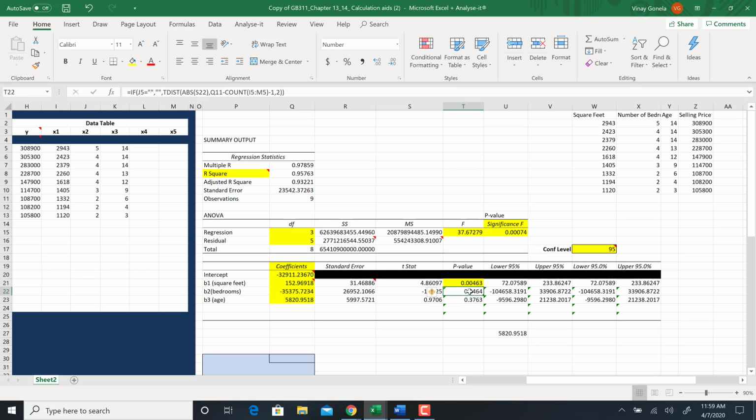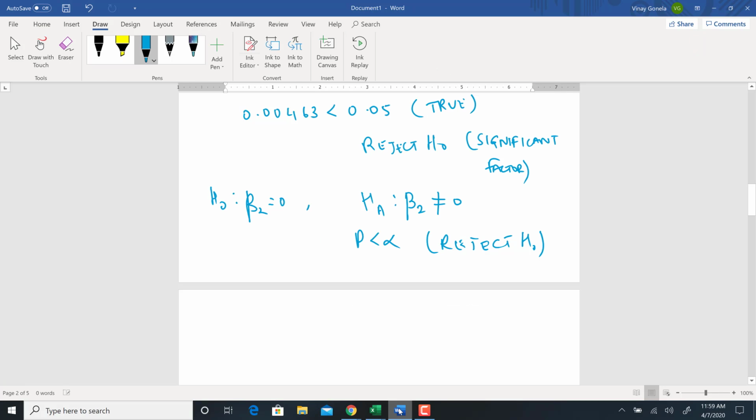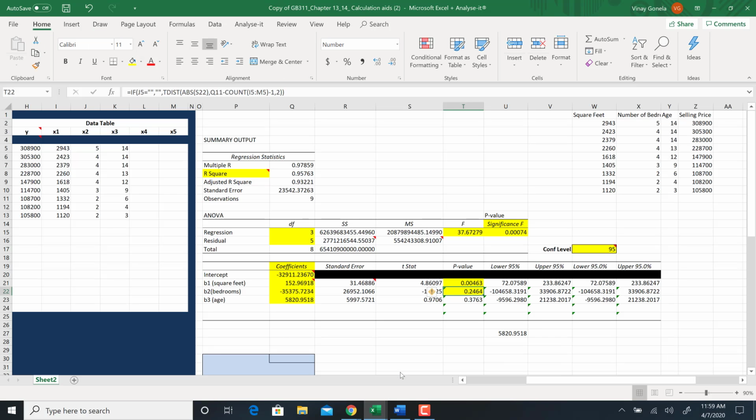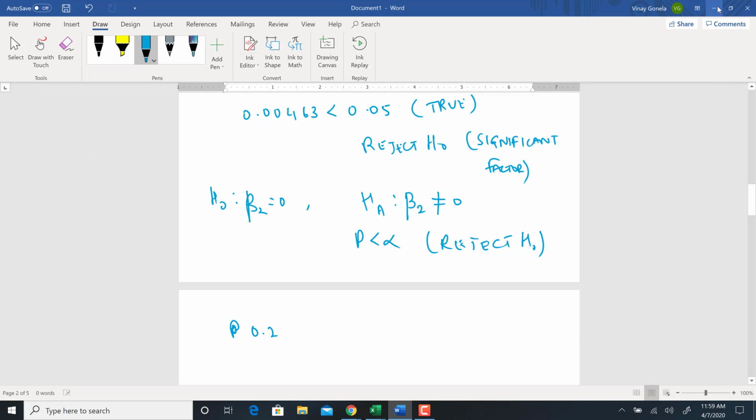The p-value in this case is 0.2464. Is it less than 0.05? That is what I'm asking.